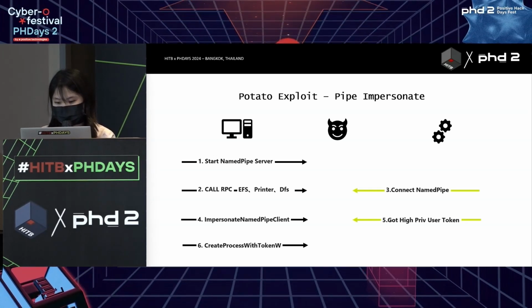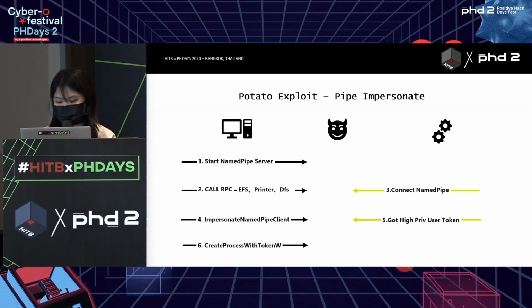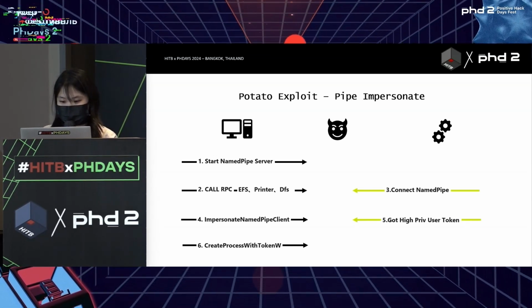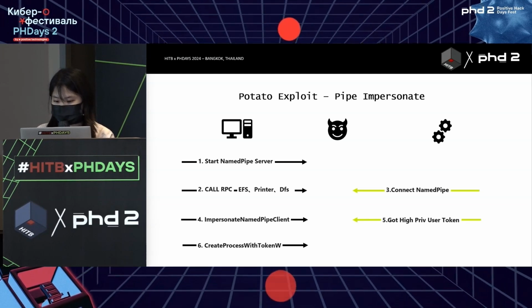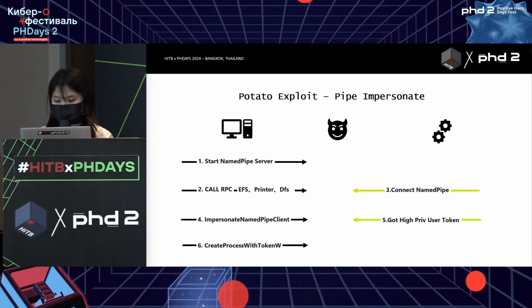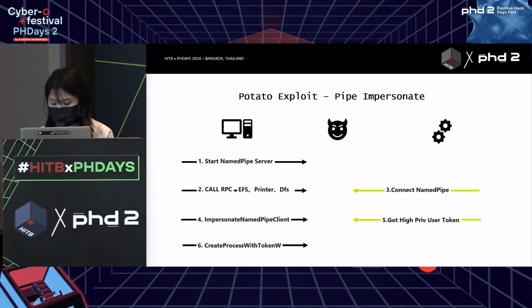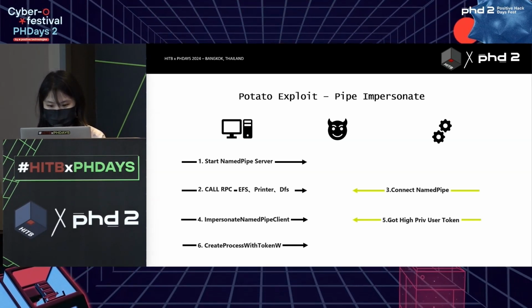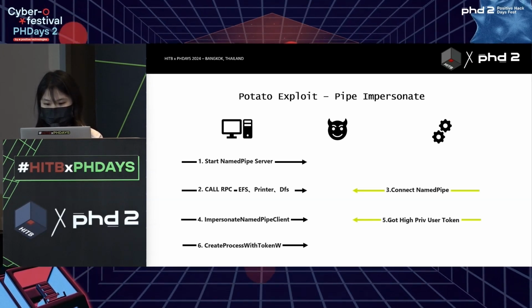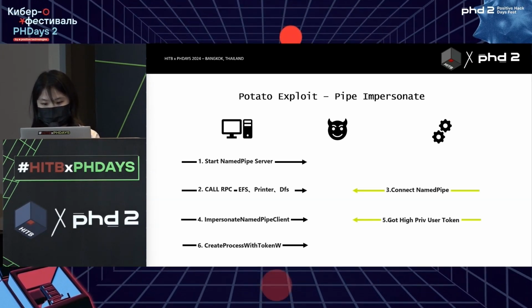The second step is to allow a high-privileged user to connect to the named pipe we created, such as EFS RPC open file raw, or RPC remote find first printer change notification extension in RPC. In the third step, a high-privileged user connects to our named pipe.